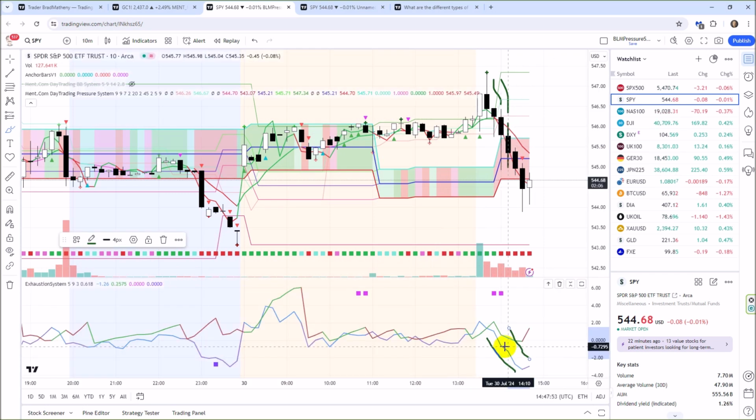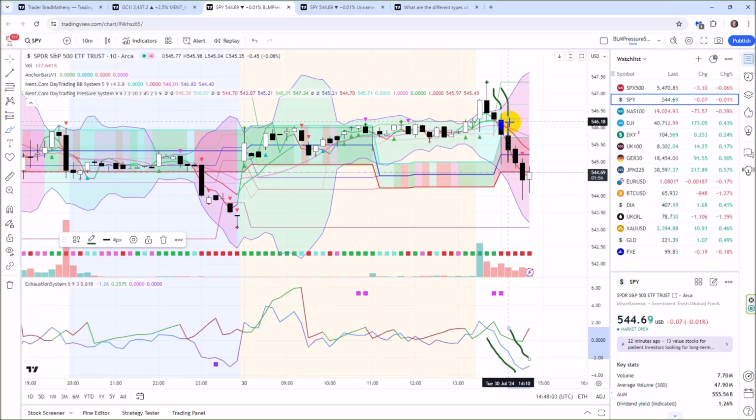So we could have taken potentially a couple, 1 or 2 trades into this manner off of this confirmation. Remember, we had the confirmation of the Bollinger Band, we had the confirmation of the Fibonacci pressure system, and we did not have any growing pressure.